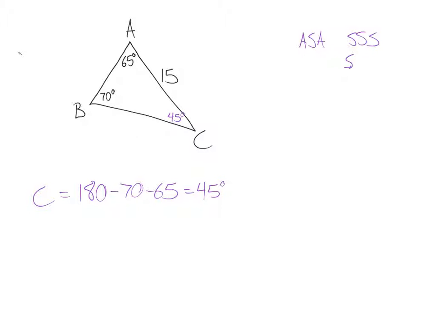We had side, angle, side. We had angle, angle, side. And side, side, angle. You had all these different patterns. What do we have? Now that we found it, we have angle, side, angle, or angle, angle, side, going on what we were given.